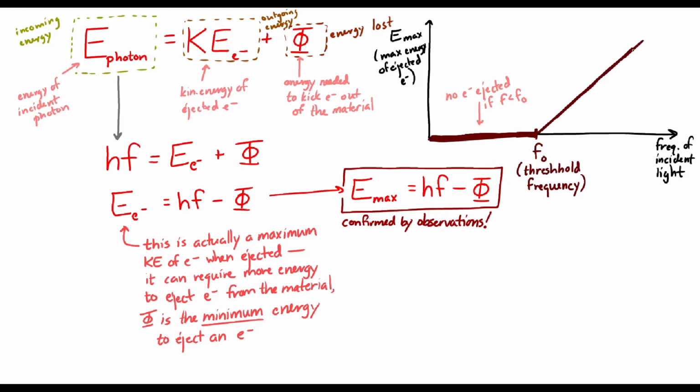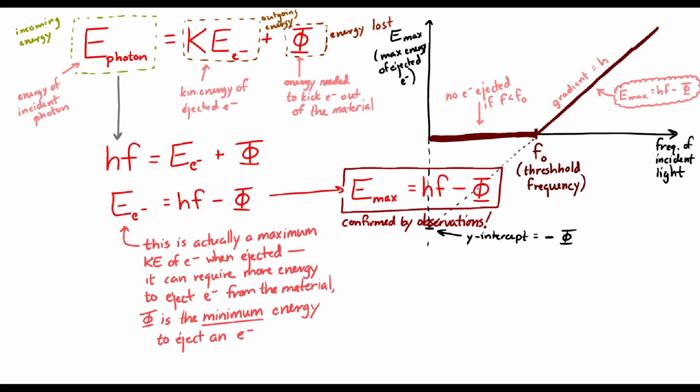Above that frequency, the maximum energy of the ejected electrons goes like this. Now, if you compare this to the expression we have right here, you can see this line has a slope of Planck's constant, and if we were to extend it down, it would have a y-intercept equal to the work function.